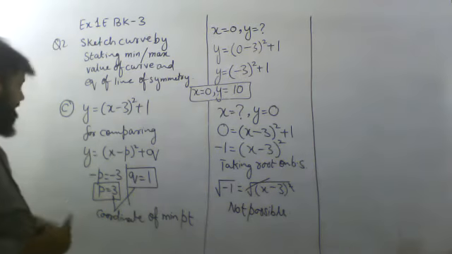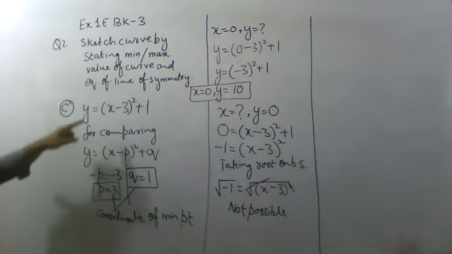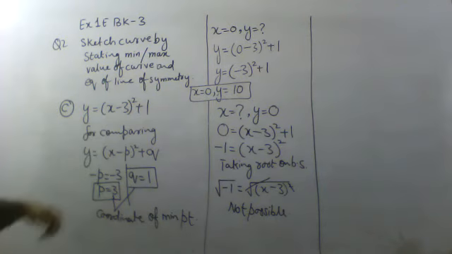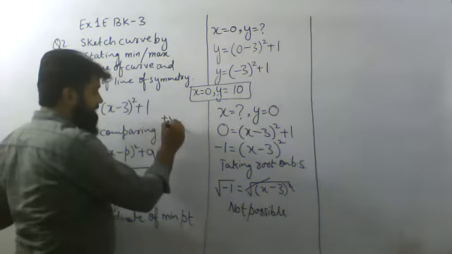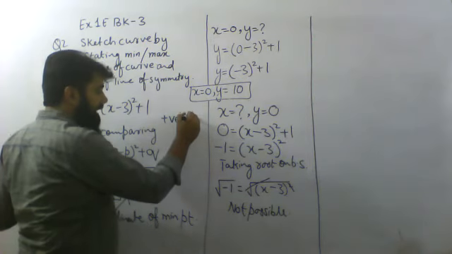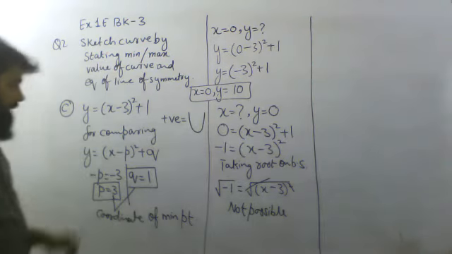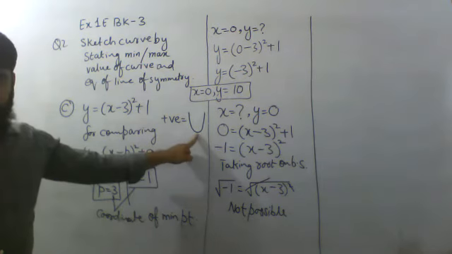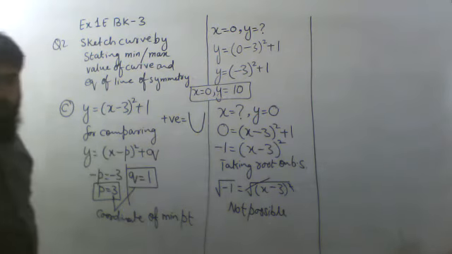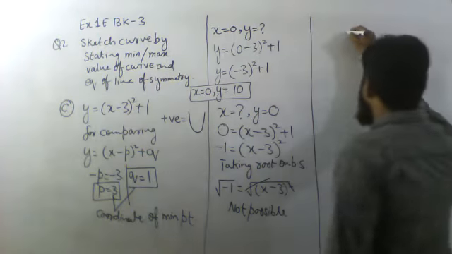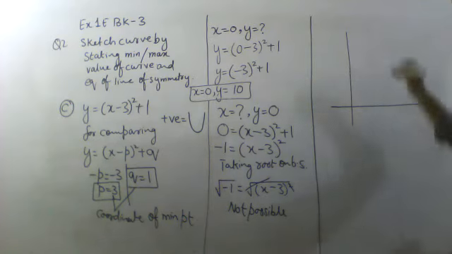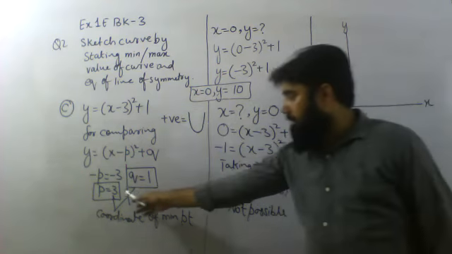Now, when we did the comparison, outside the bracket there was a positive sign. A positive sign means I will have this type of curve where the turning point is a minimum. Now I am going to do the sketching. Draw the x-axis and y-axis. First of all, the turning point.